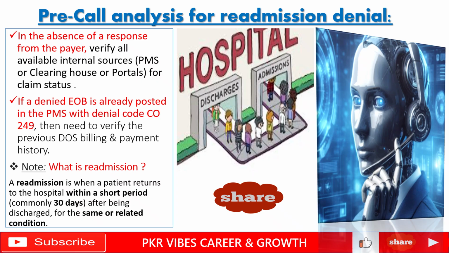We already paid, for example within 30 days prior, the same kind of claim service, and we already gave payment to the doctor. Again you submitted this claim, so that's why we identified this claim as a readmission claim, and that is why we denied the claim.